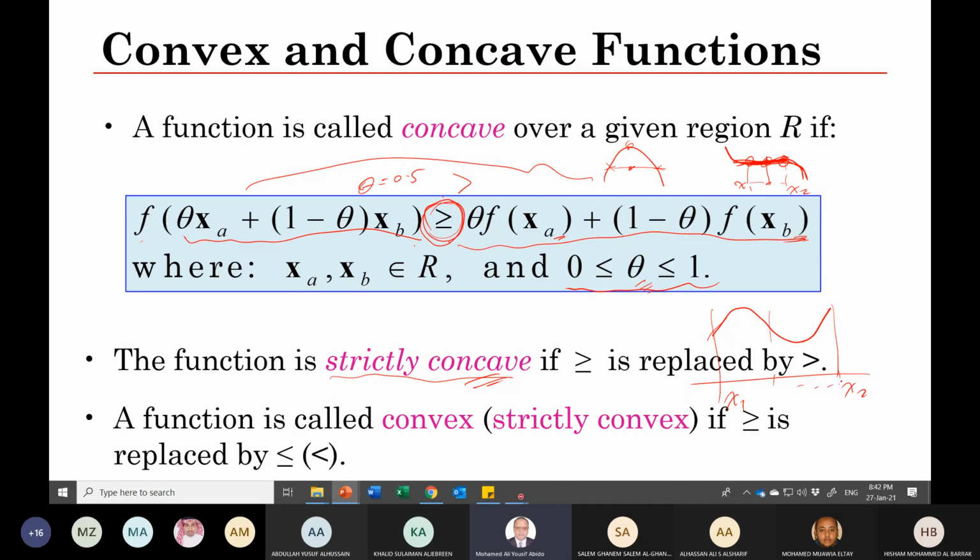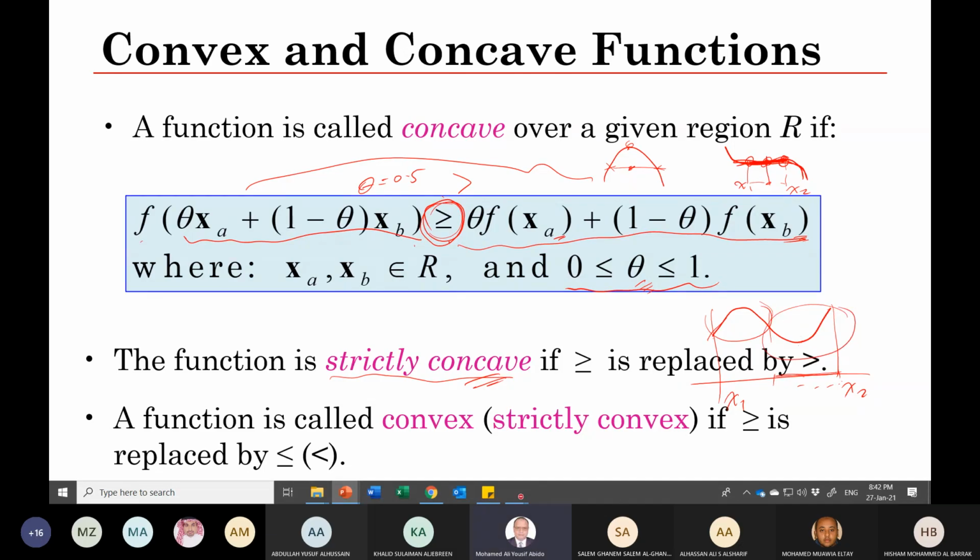When you have another value of theta, or this interpolated point here, you will find this function here is concave, is convex, right? Yes. So it is right. The function here is concave. The function here is convex.